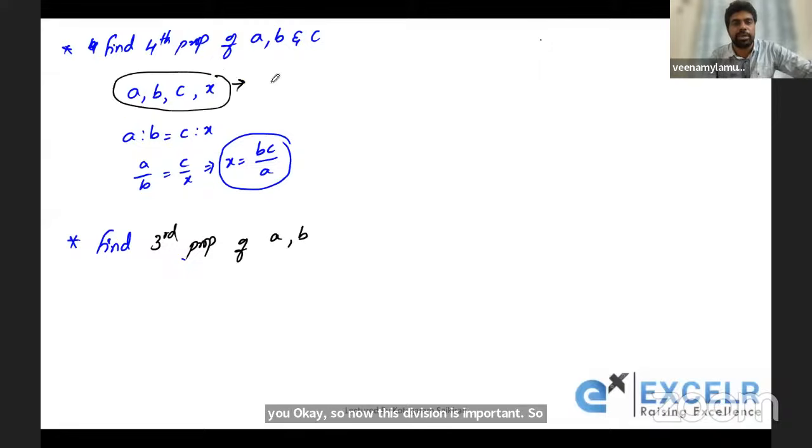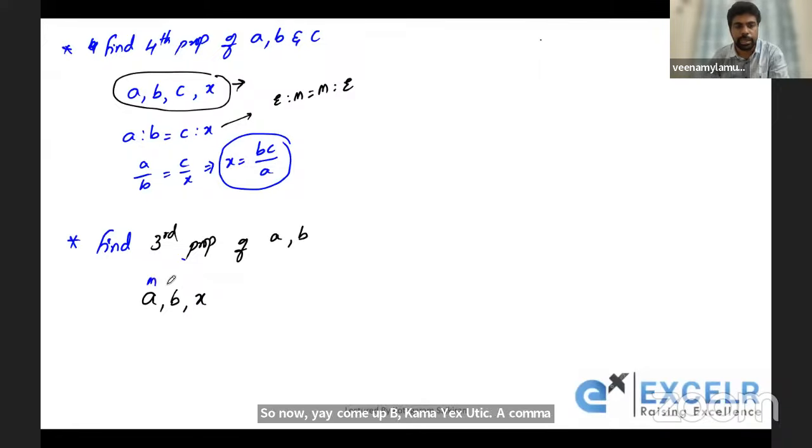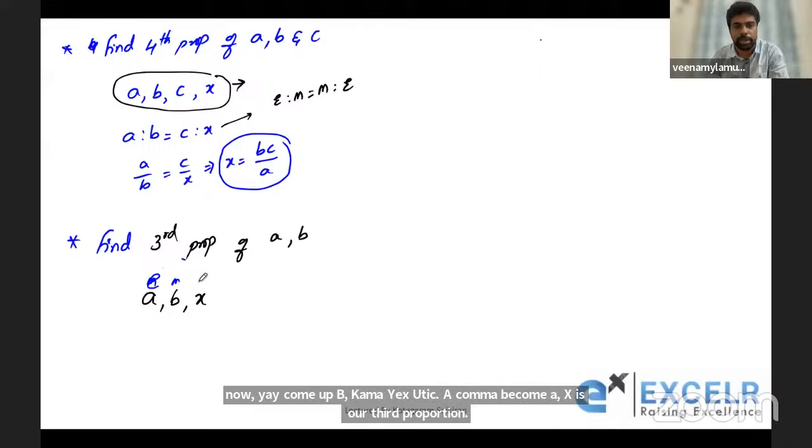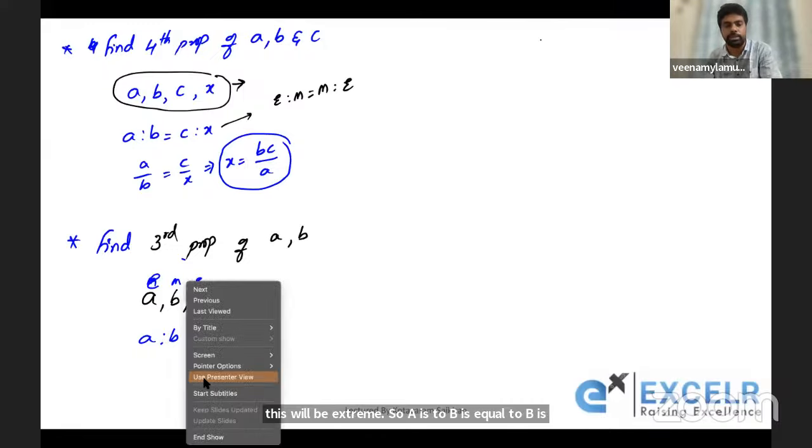So how am I dividing? Extreme is to mean is equal to mean is to extreme, that we should do. Now take A comma B comma X, where X is our third proportion. So this will be mean, this will be extreme. So A is to B is equal to B is to X.